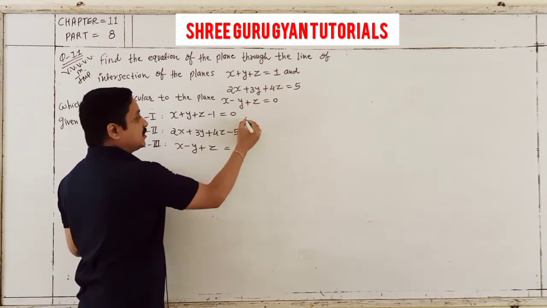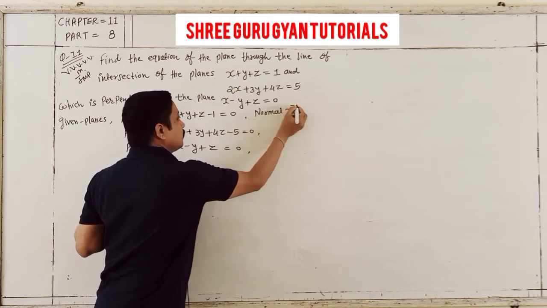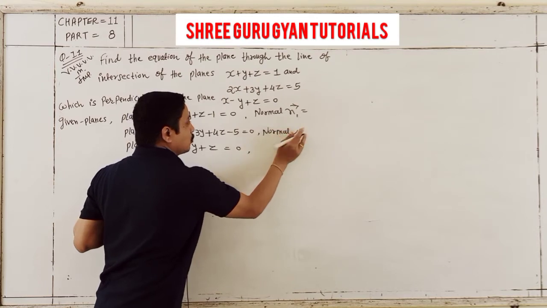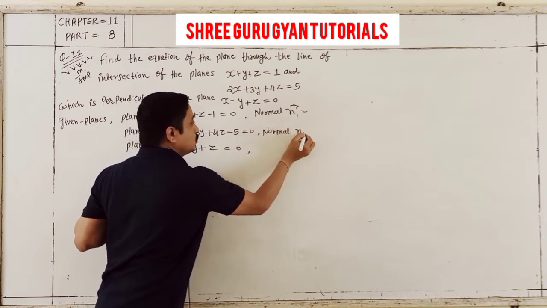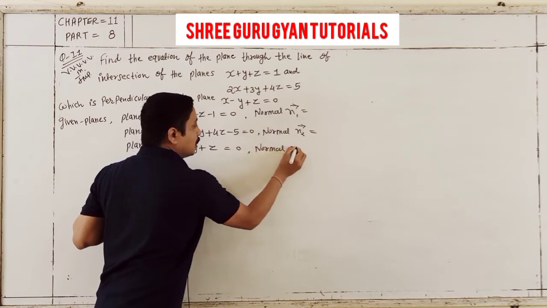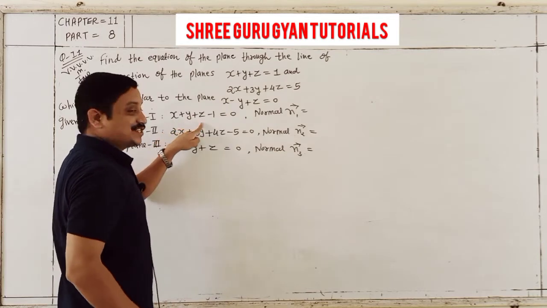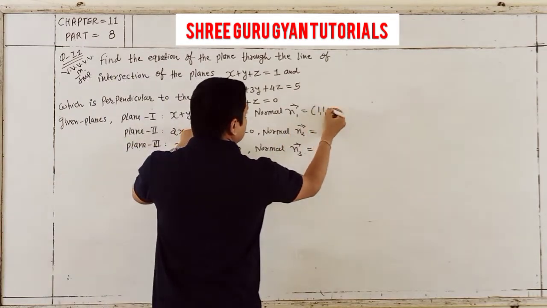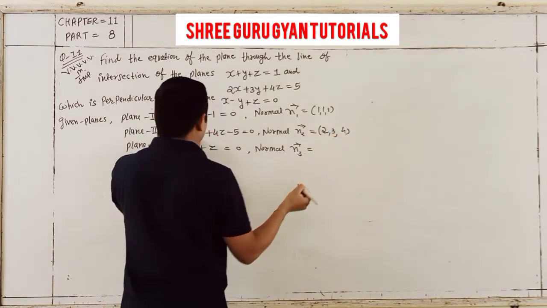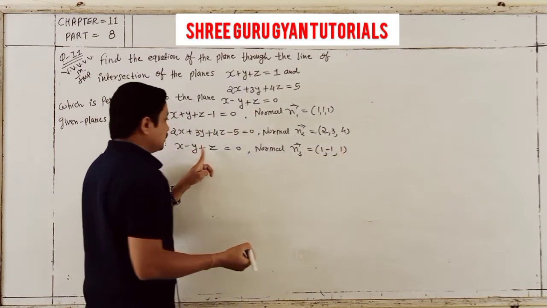I just define the normal of plane 1, similarly the normal of plane 2, and similarly the normal of plane 3. And in plane 1 the normal is just the coefficients, 1, 1, 1; second 2, 3, 4; and last 1, minus 1, 1.